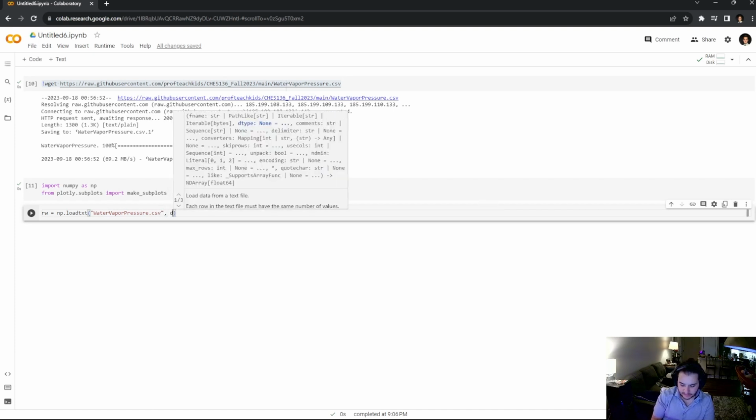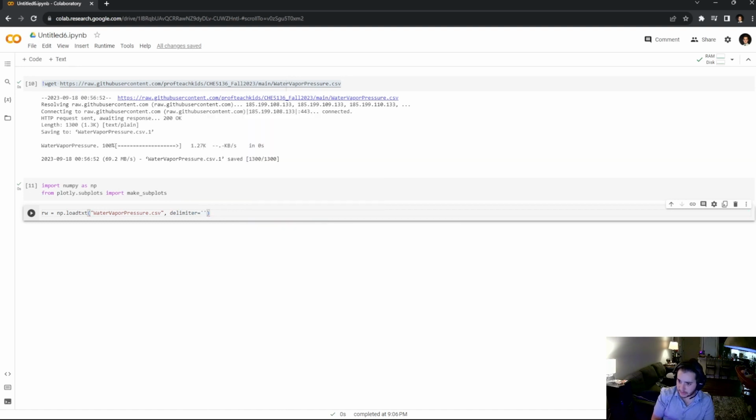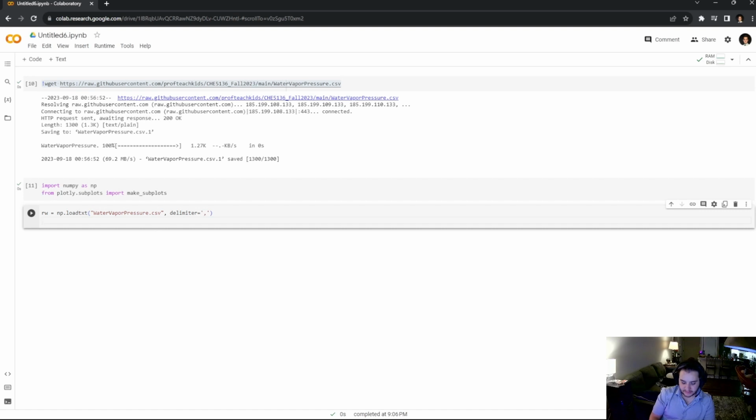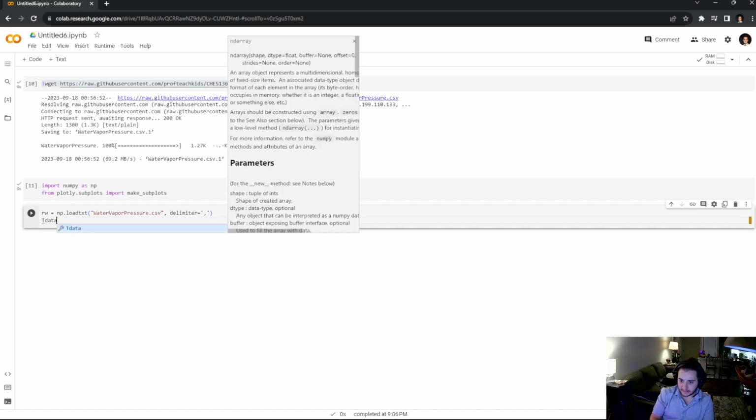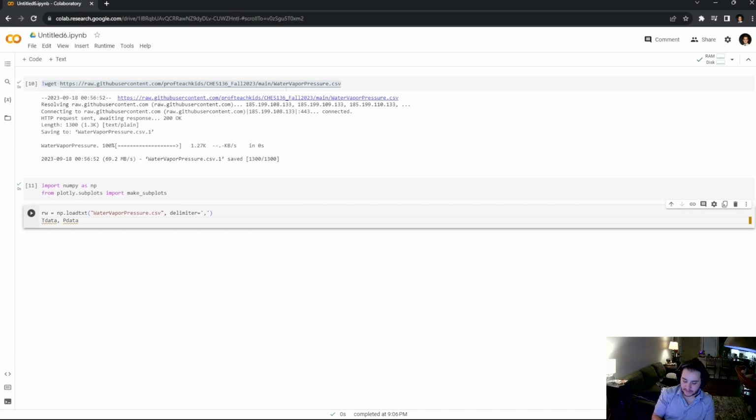And then the delimiter is that. And then we have to make some matrices. So we have T data, and then P data is equal to the raw RW dot T data.